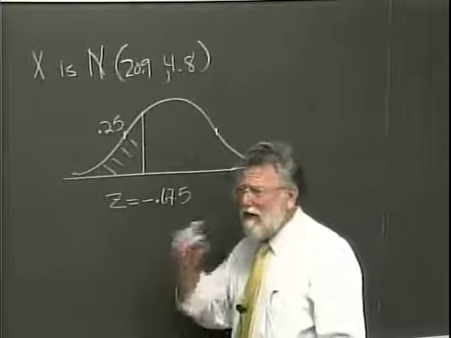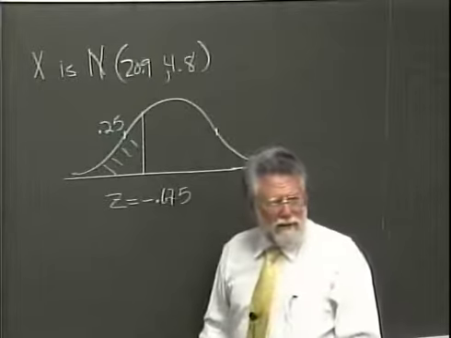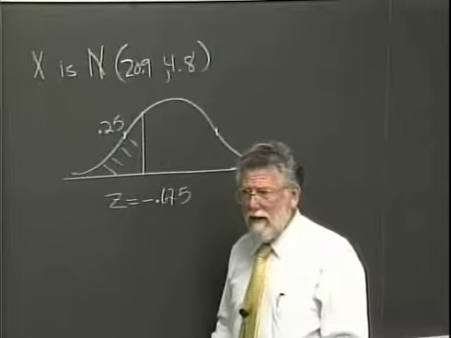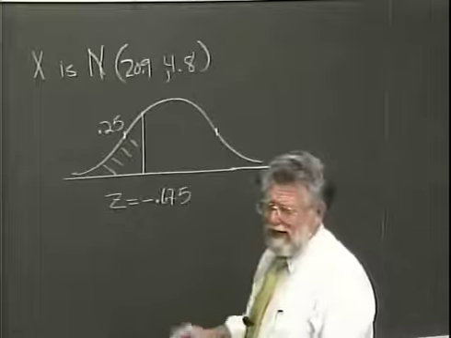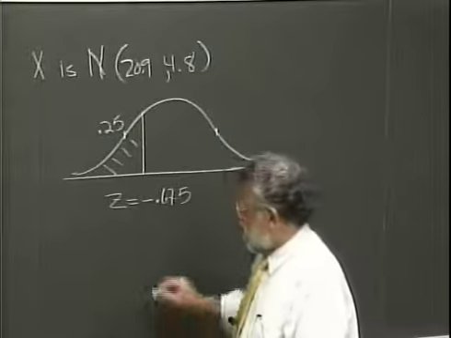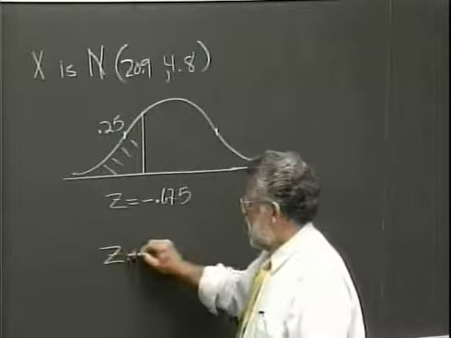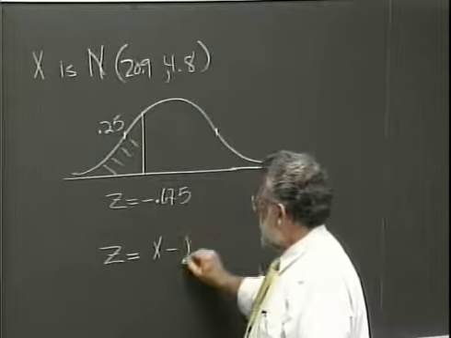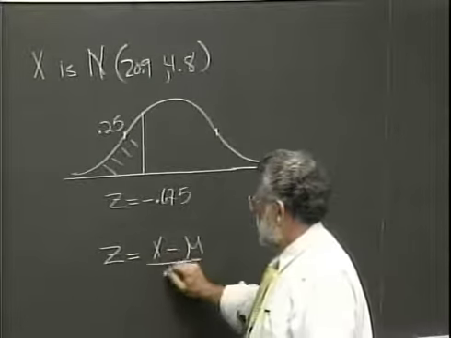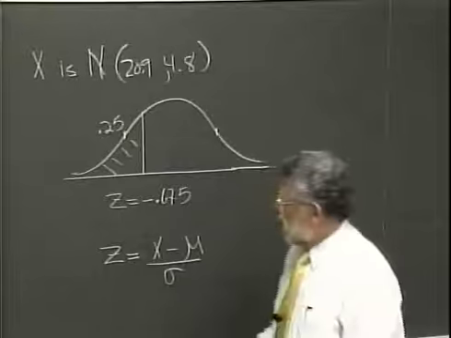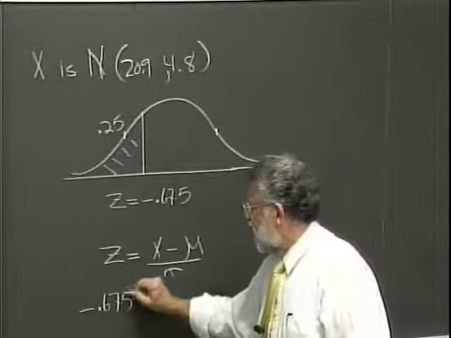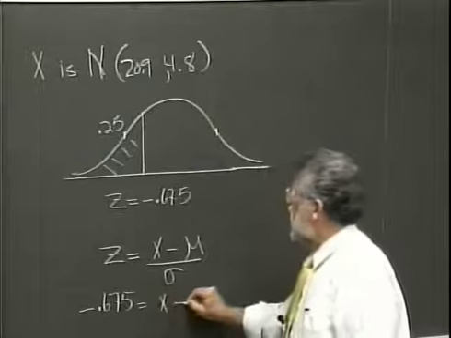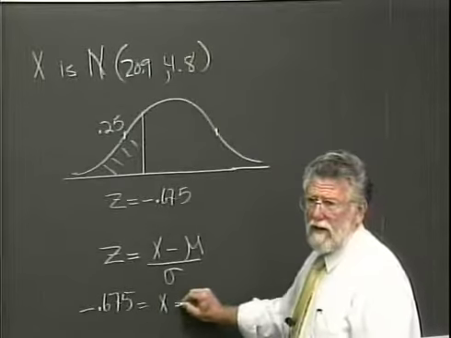We now use a basic solution from elementary algebra, and I would even do this in pre-algebra, nearly in a Math 10. You write the formula. You substitute what you know. This is negative .675. I'm hunting for that x. Do I know mu?